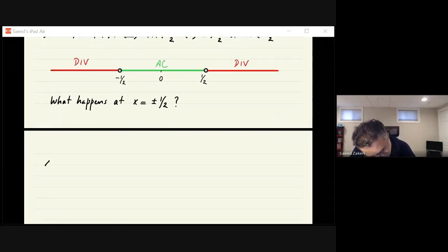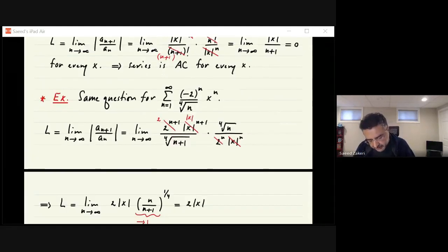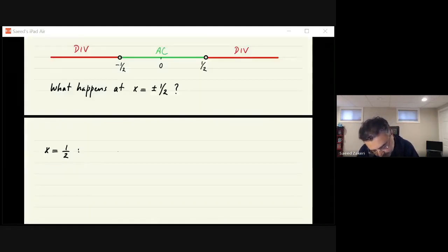So when x is 1/2, go back to your formula. This was the formula for the series. Let me copy that. Put it here. And substitute 1/2 for x. So it's going to be 1/2 to the power n.